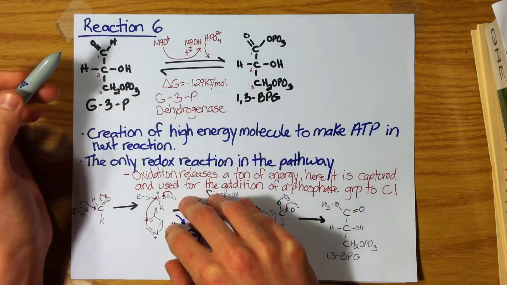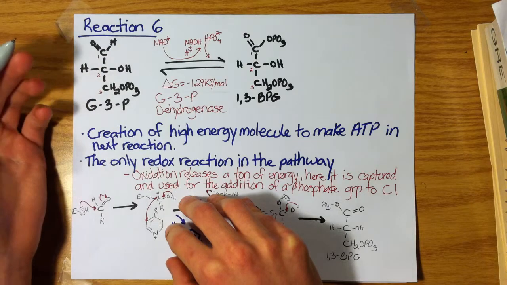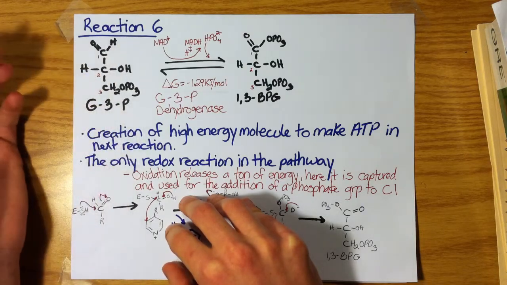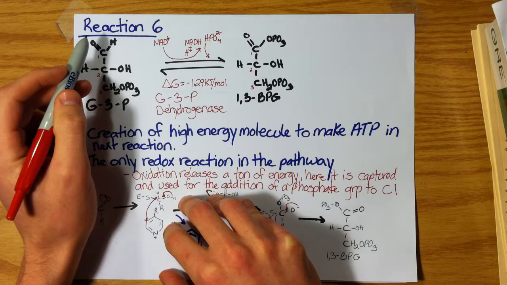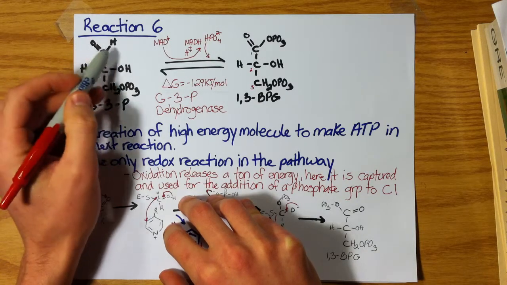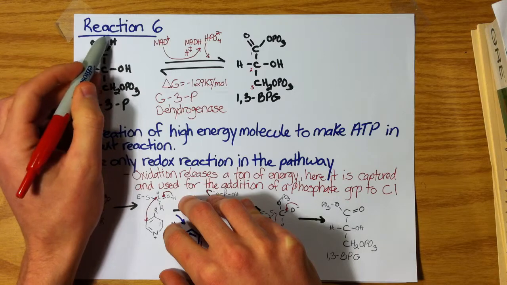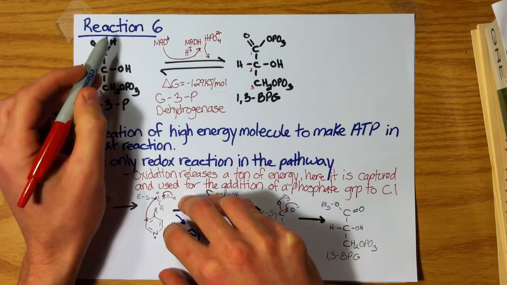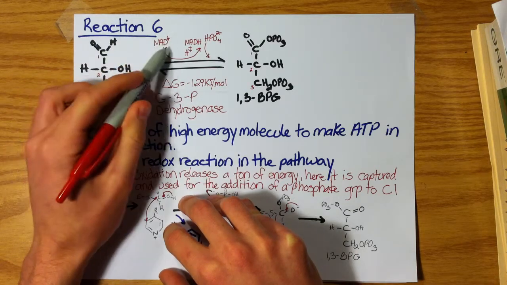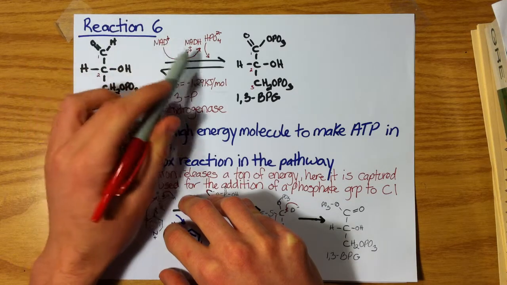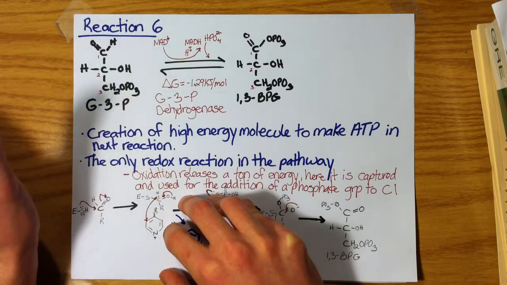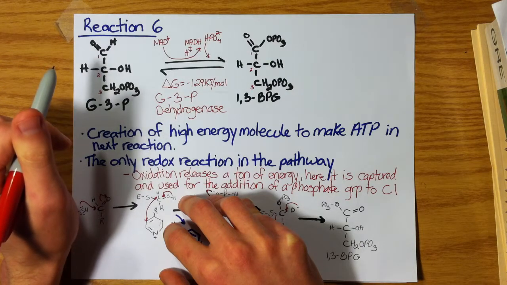And whenever there's an oxidation, there has to be a reduction. No electrons are lost, they are only transferred. And so the electrons that we lose here on glyceraldehyde 3-phosphate from this hydrogen, to become a hydride, is tossed onto our electron acceptor NAD+ to make NADH, and then a proton is lost into solution.